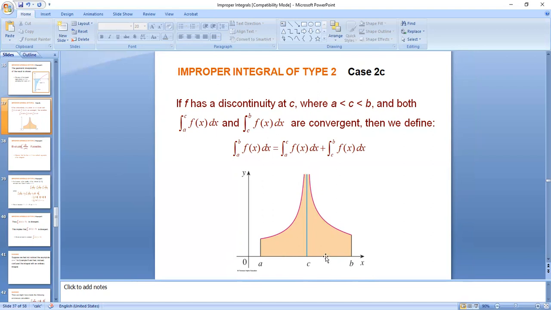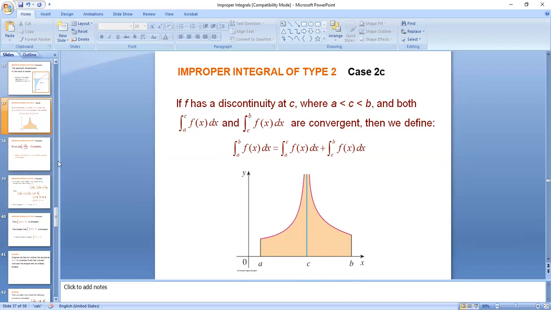This C is the point of infinite discontinuity, where the line x equal to C is the line to which the left side and the right side of the graph of your function are going to be asymptotic, but it will never cross the said line. So they will just approach this line infinitely, going up. So this is the third case under type 2, or shall we say this is case 3.